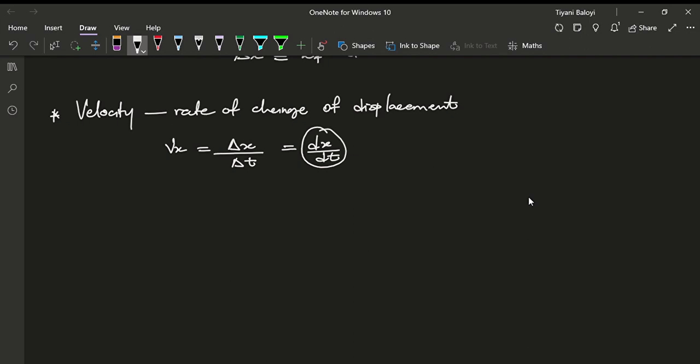And then these ones are average changes, and these are instantaneous changes, right? But for this level, we'll be focusing only on the average change, right? So we can go ahead and remove this, and then we'll leave it like this, right? So that's your velocity. It's change in x over change in time. That's what the rate means.